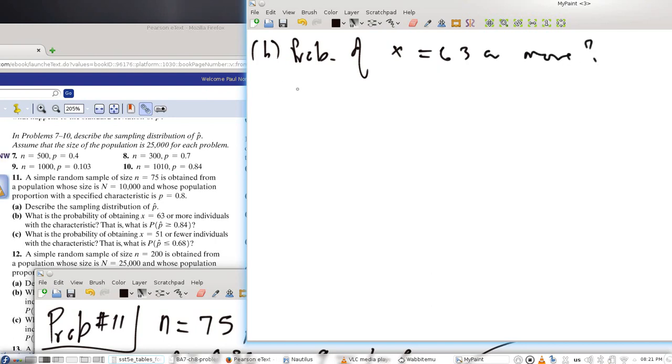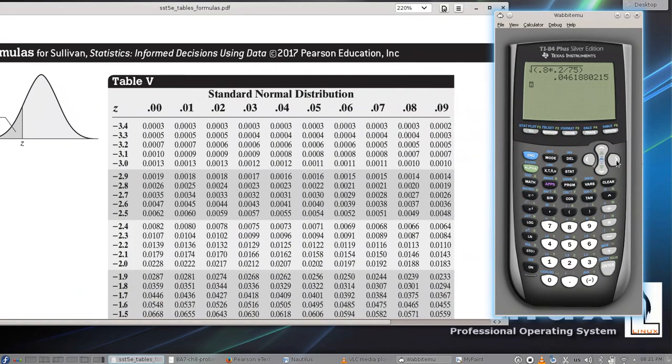Well, what that means is that we want to find out the point estimate of that. And the point estimate is actually x over n. In this case you have 63 over 75. Let's do a quick calculation of that. So 63 over 75 gives us 0.84.